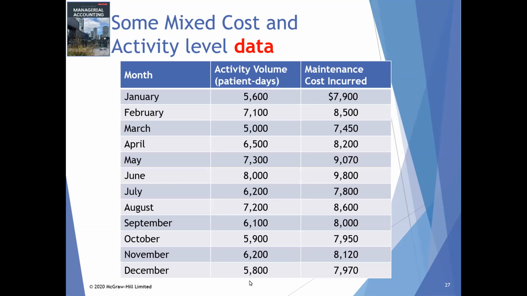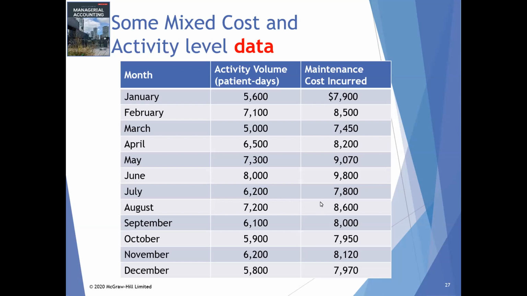And what is the lowest one? I think 5,000 for volume, and here the lowest cost is 7,450. So we will calculate the highest and lowest in both of these, because we have some historical data.